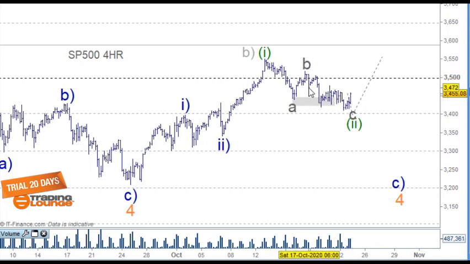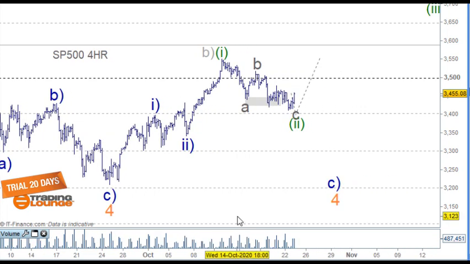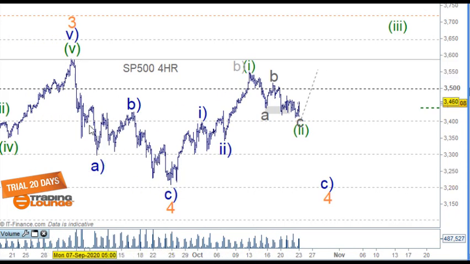And from wave B, we've got 1 and 2 and 3, complicated 4 and down for 5 here. So we're on our way up here now, so we'll be taking out these highs here. We do need to talk of alternative counts as well while we're here. Because there's 3 waves here, it means that it can be completed here and we can just move straight up.